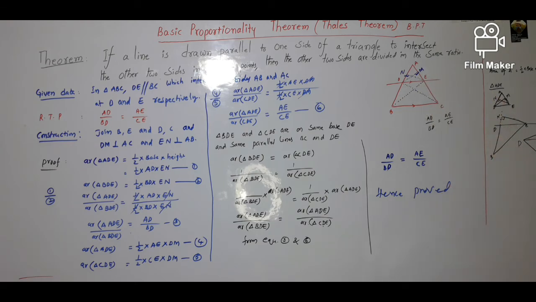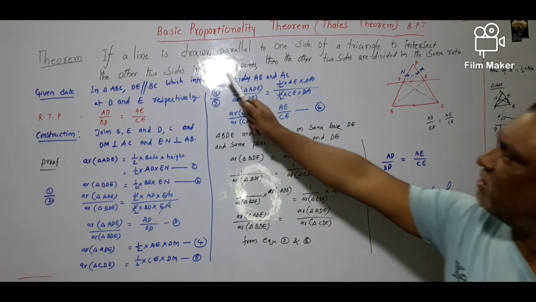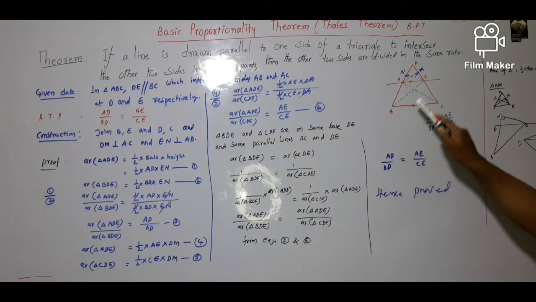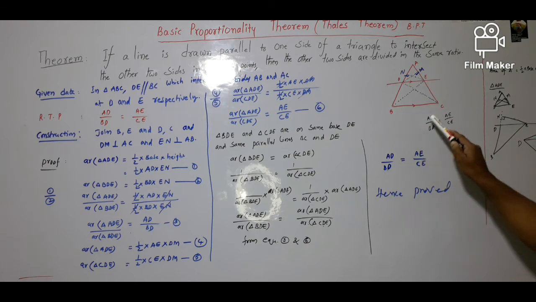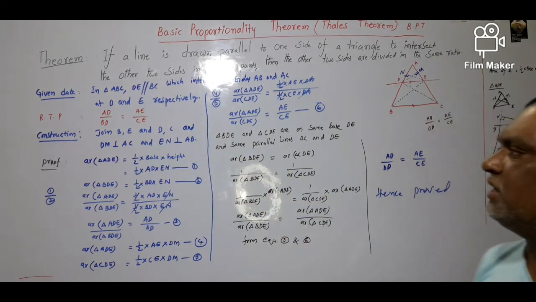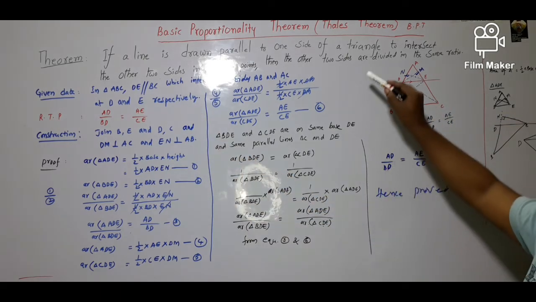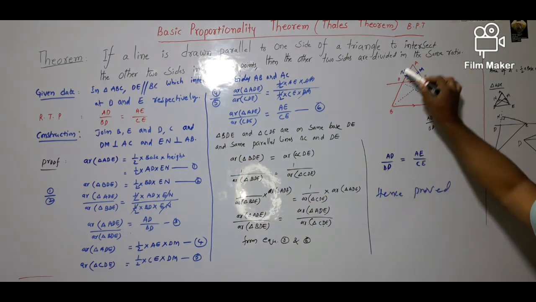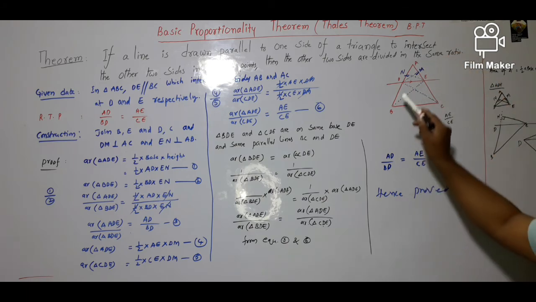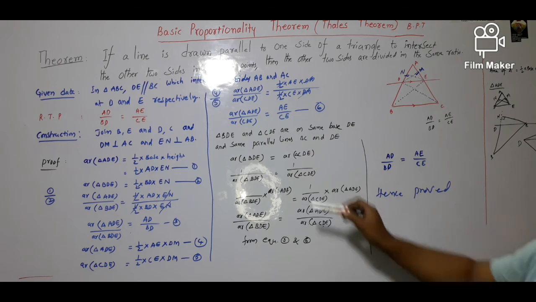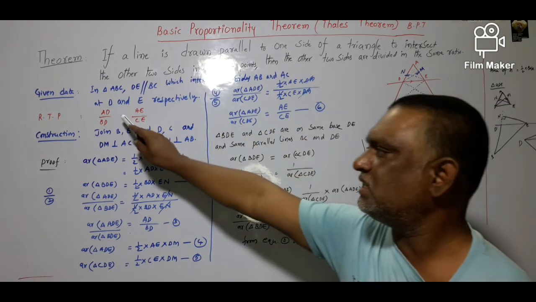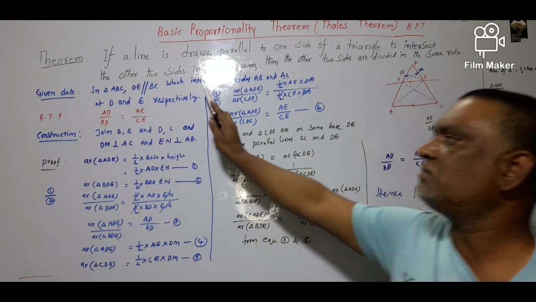Draw a parallel line DE parallel to BC, which intersects the other two sides, AB and AC, at D and E respectively.